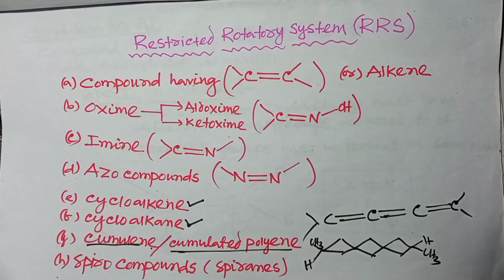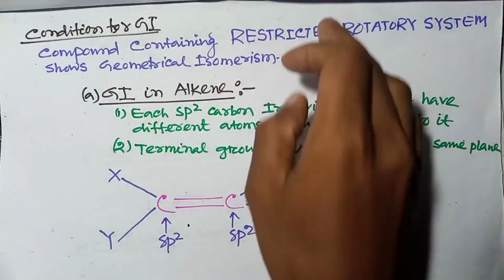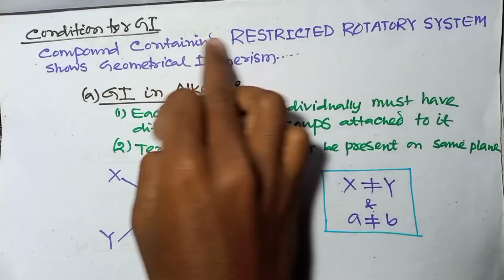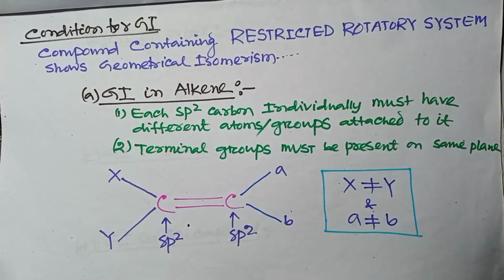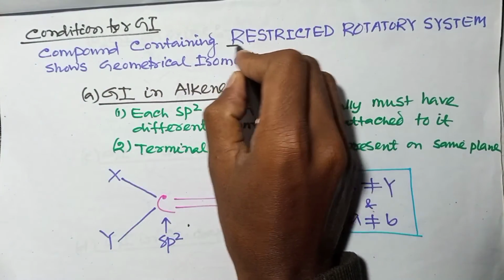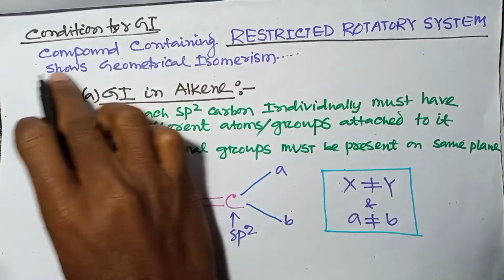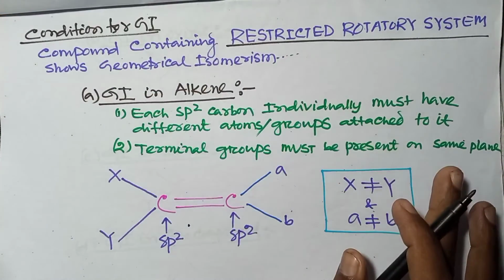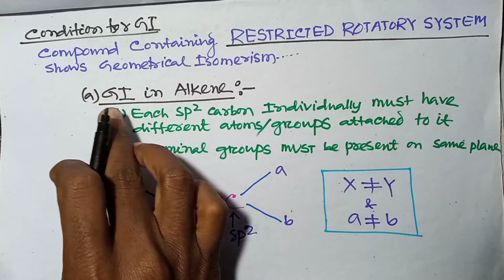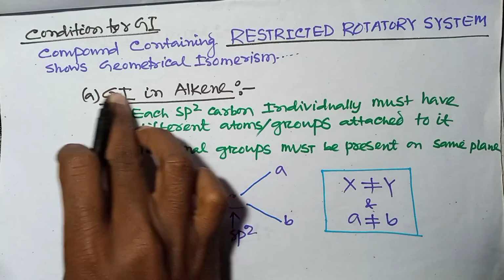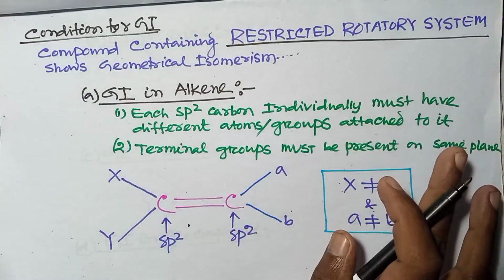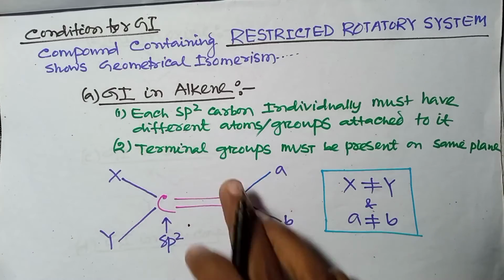So let's see the condition for geometrical isomerism. A compound containing a restricted rotatory system can show geometrical isomerism. Let's see the condition of geometrical isomerism in alkene. Here is the structure of alkene.